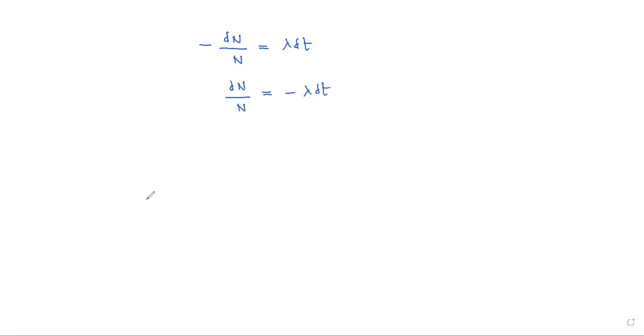Okay. Now taking the integration. On integration, we get ln N is equal to minus lambda t plus constant. This is log base e, right?